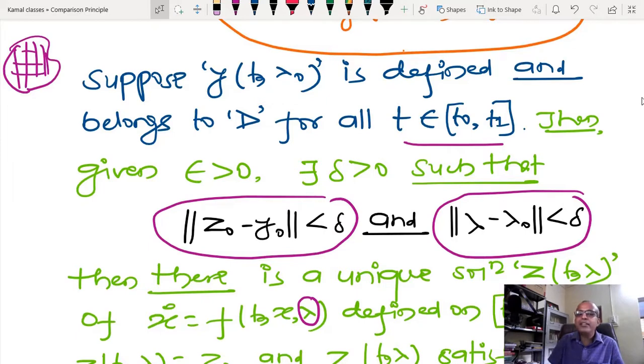If both are within delta, meaning both initial conditions are inside the ball, and the parameter is also within delta, there is no need to take the same initial condition. You can take two different initial conditions, just make sure they lie inside the ball.